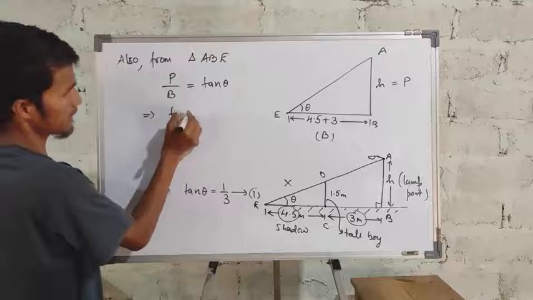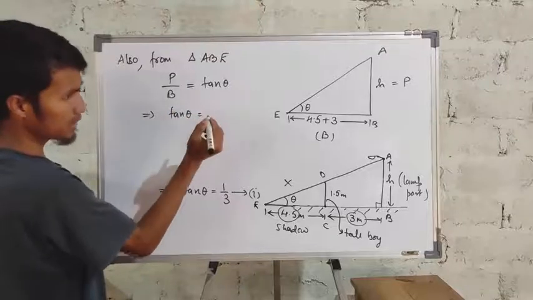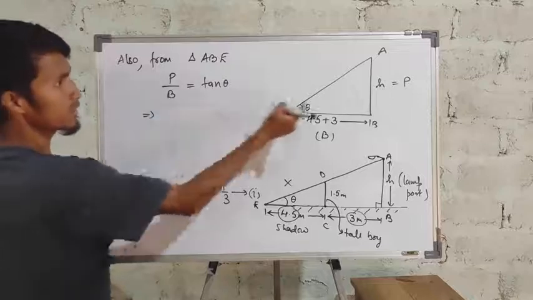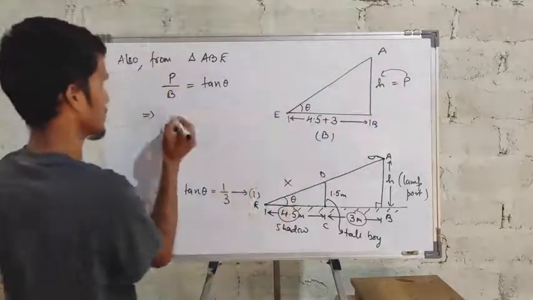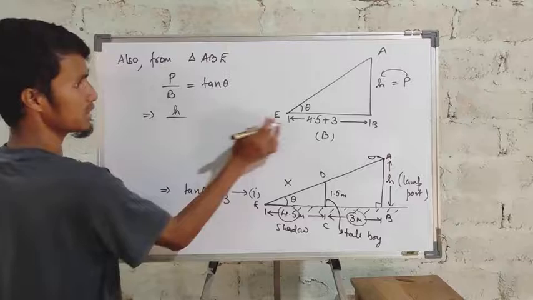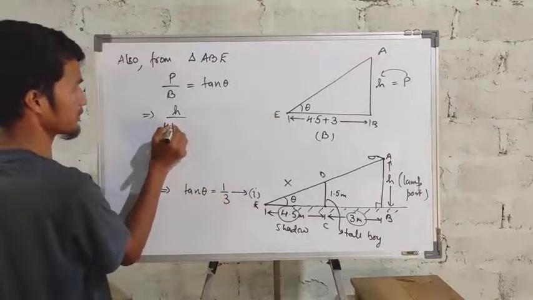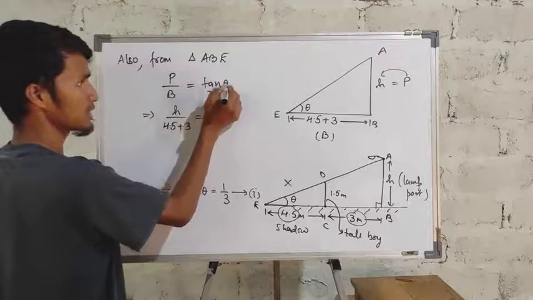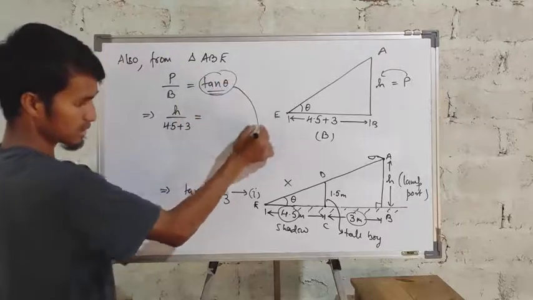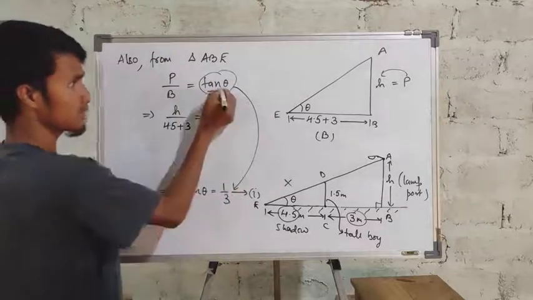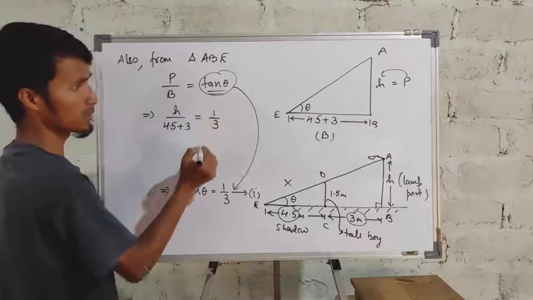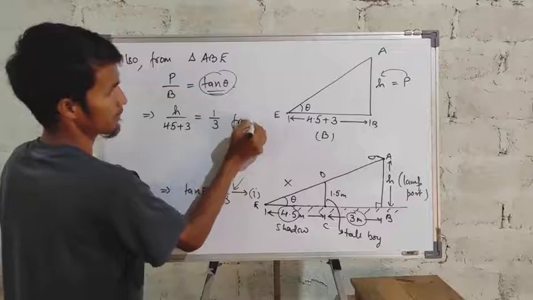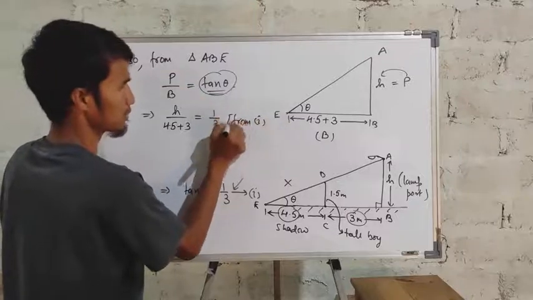P here is H, so I put H. Then B here is 4.5 plus 3. But tan theta is how much? Tan theta is equal to 1 by 3. Then in place of tan theta, I'll put 1 by 3. From where did we get this 1 by 3? From equation 1.